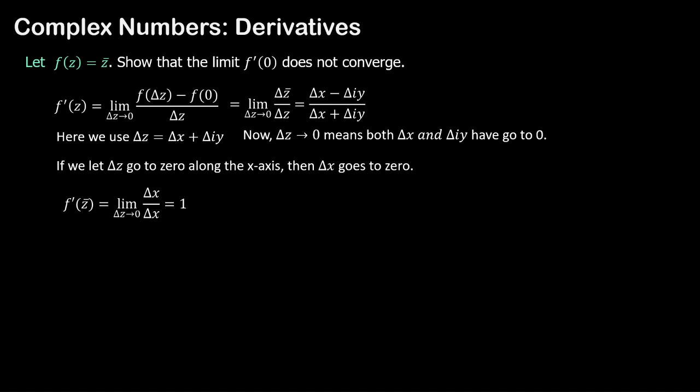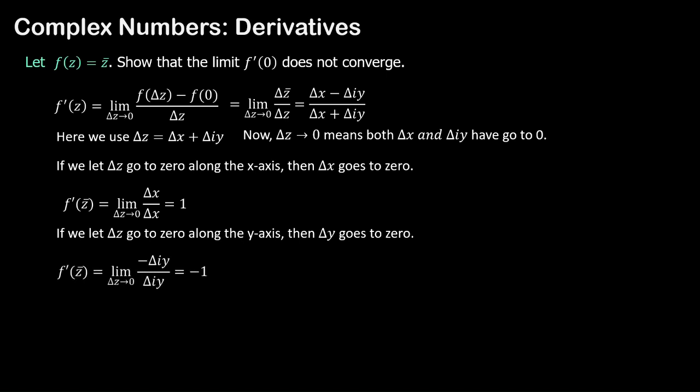Now, if we let our delta z go to 0 along the y-axis, then delta x goes to 0. Therefore, our f'(z bar) will be equal to the limit as delta z tends to 0 of minus i delta y at the numerator divided by i delta y, which will be equal to negative 1.